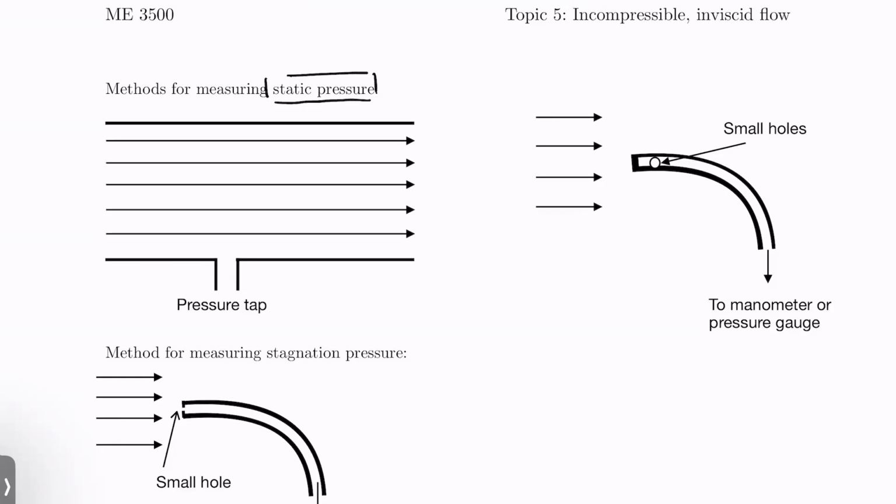Another method is to have a tube inserted into our flow that has some small holes on the side of the tube. And that tube will lead to either a manometer or a pressure gauge. All right. So this is measuring static pressure.